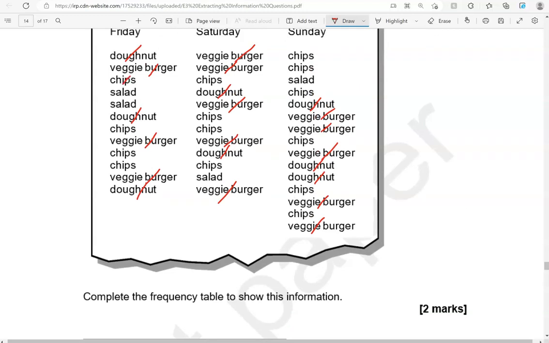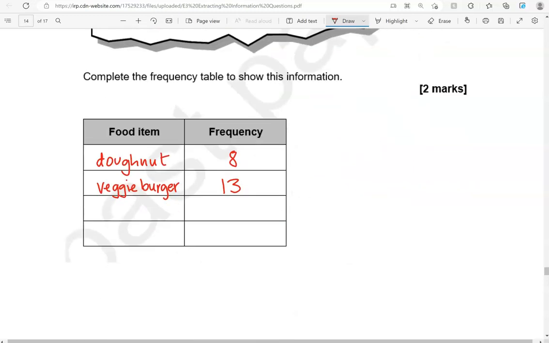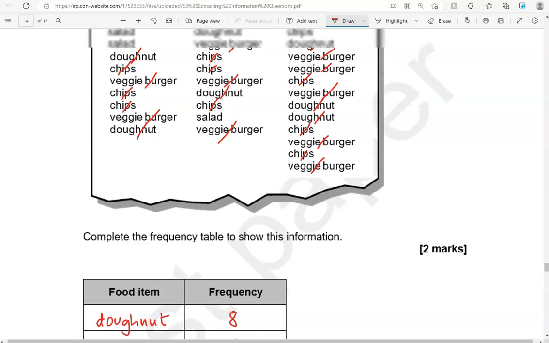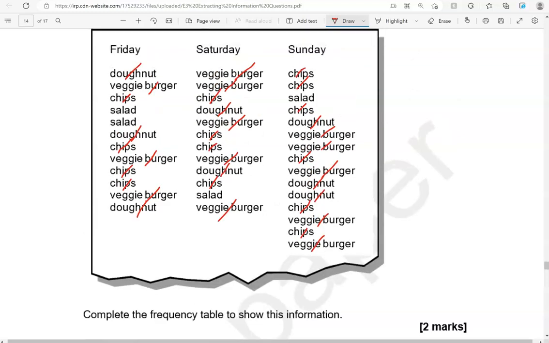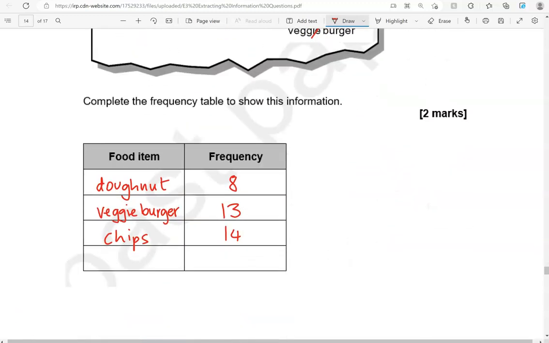So 1, 2, 3, 4, 5, 6, 7, 8, 9, 10, 11, 12, 13, 14. And finally we've got salad. So 1, 2, 3, 4, so 4 salads.